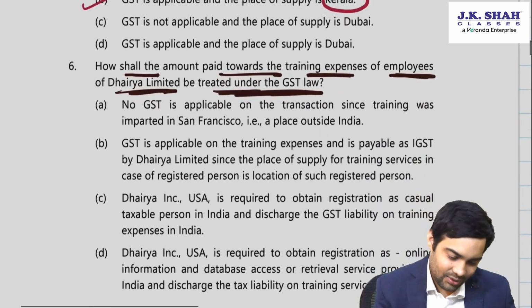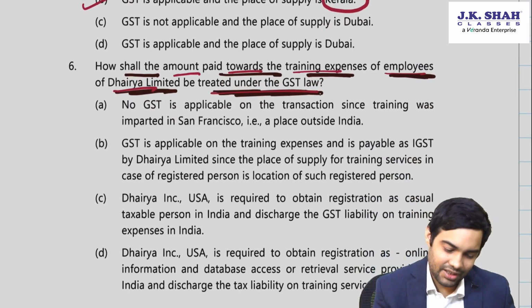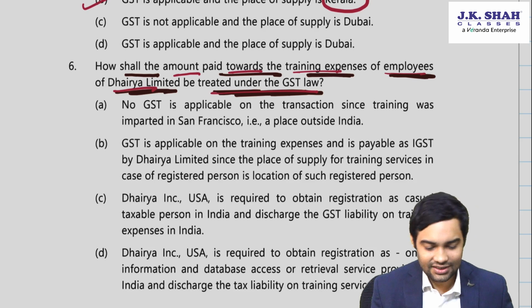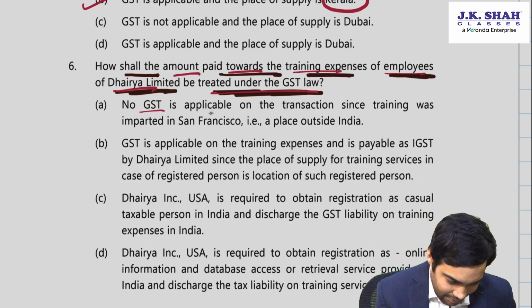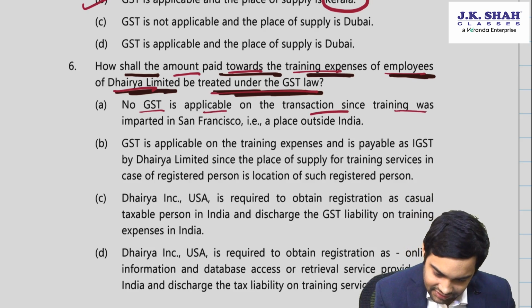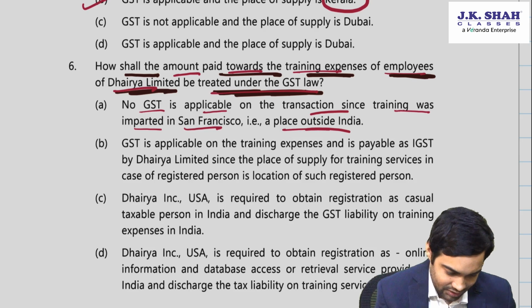And then, how shall the amount paid towards training expenses of employees of Dhairya Limited be treated in the GST law? Is GST applicable? The answer is, okay, let's see. No, GST is applicable on the transaction since training was imparted in San Francisco, that is place outside India.